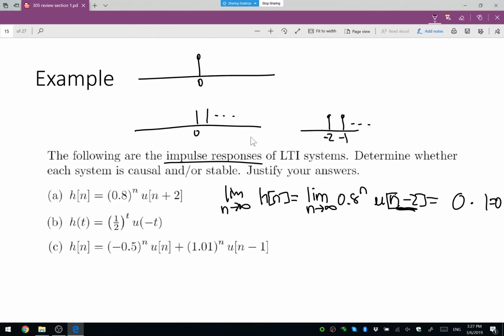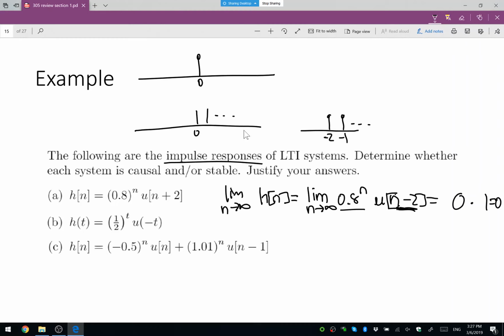I have another example, but not here, in the homework. It's like n times, which one? This first one? So this one becomes smaller and smaller when n gets larger, right?